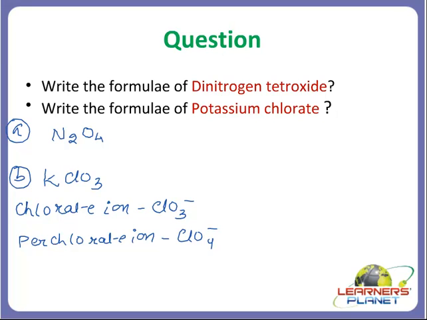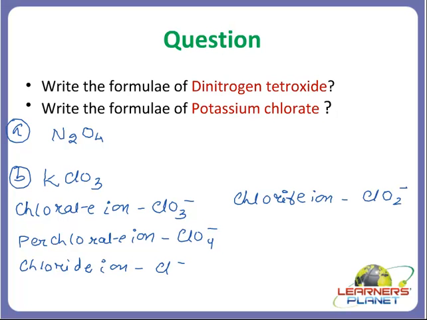Okay, chloride ion, or I can write a chloride ion, Cl minus. Now chlorite ion is ClO2 minus.